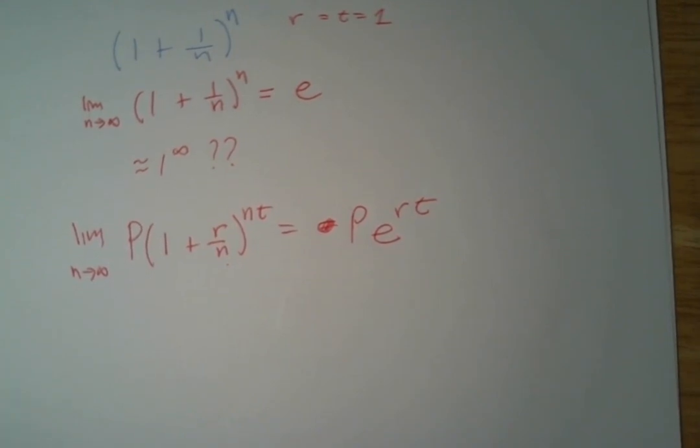And what we actually have here is not the compound interest formula, but what's called the continuous growth formula.